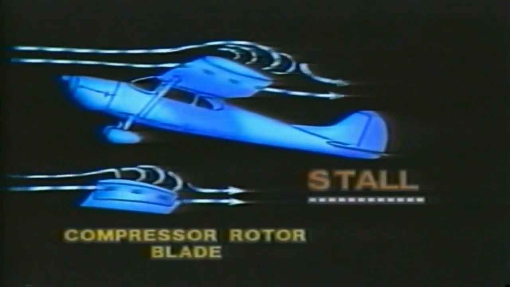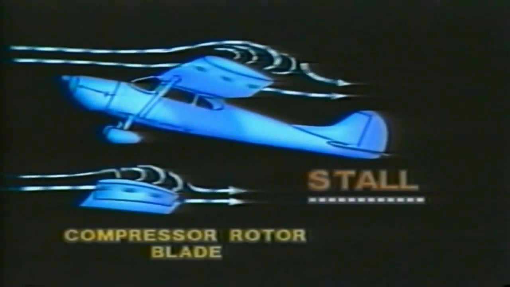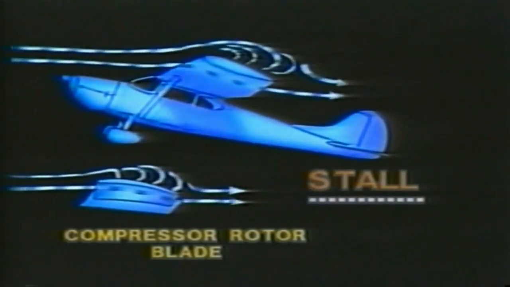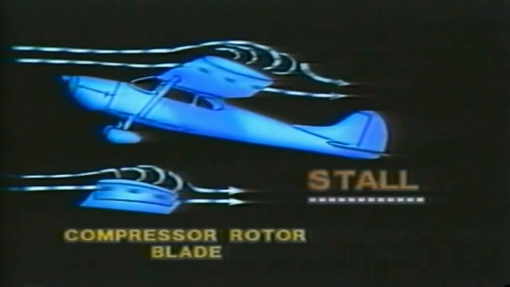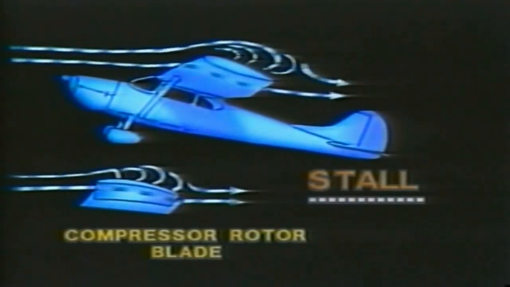Let's digress for a moment and talk about compressor stall. What is it? It's a momentary condition. Most often where airflow over the compressor blades becomes turbulent. The blades actually stall, just as the wing of an airplane might if it approaches the air at too great an angle.